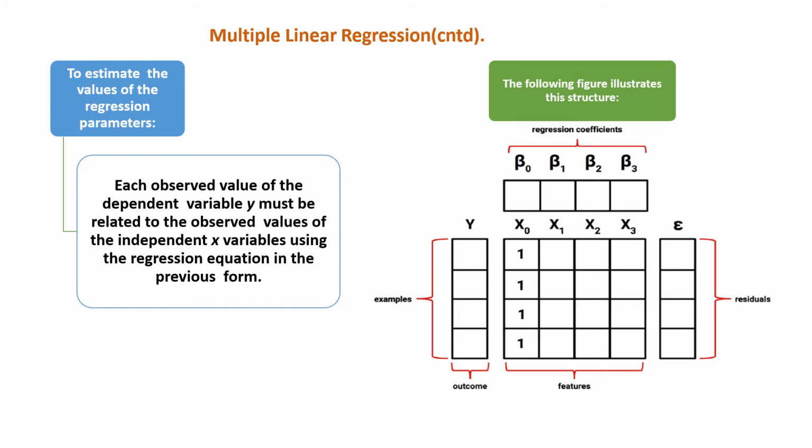Then, in order to estimate the values of the regression parameters, each observed value of the dependent variable y must be related to the observed values of the independent x variables using the regression equation in the previous form. We already formulated the regression equation: y equals beta naught x naught plus beta 1 x1 plus beta 2 x2 plus etc. beta i xi plus epsilon.